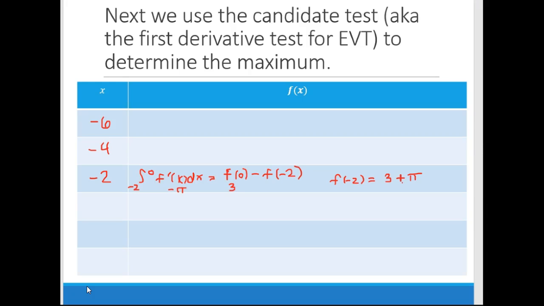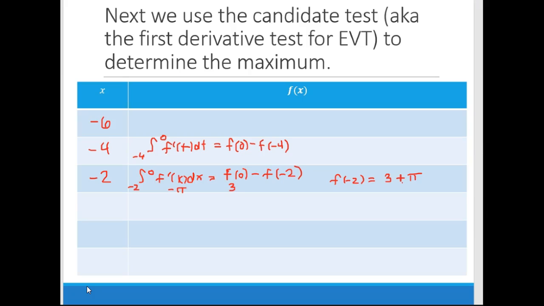So the reason I do the f of negative 4 and positive 2 in my candidates test isn't really because I actually think they're extrema. It's because I need them to help me find the values for those integrals. So the integral here would be negative 4 to 0 of f prime t dt equals f of 0 minus f of negative 4.